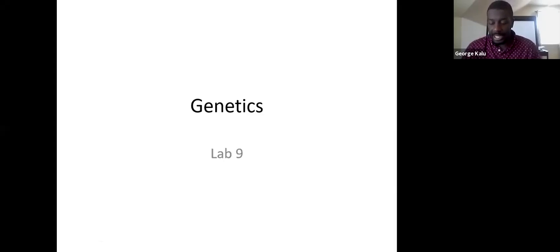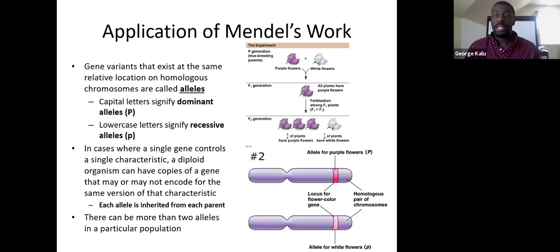So genetics is the study of how different traits are passed down from generation to generation, from parents to their offspring, and then from their offspring to their own offspring, and so on and so forth. I'm going to skim through the introduction here, and we'll talk about the introductory portions of genetics more in lecture, because I want to get through this so that we can get more into the practice.